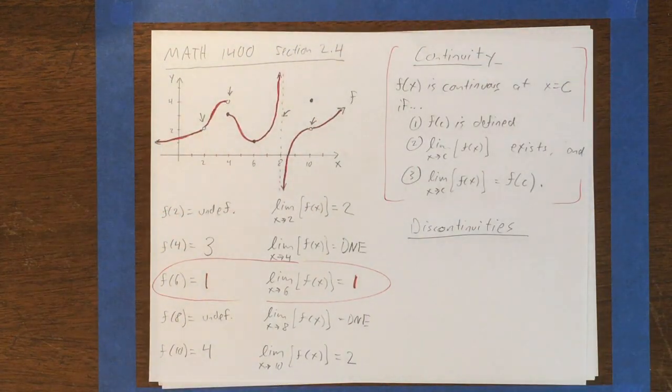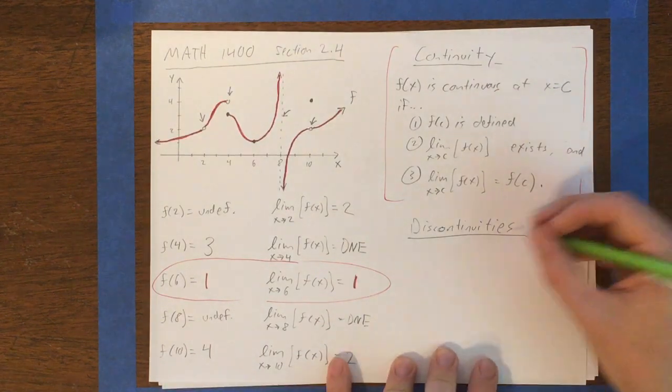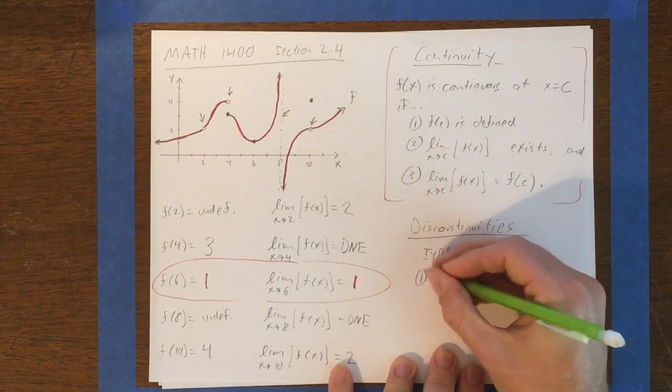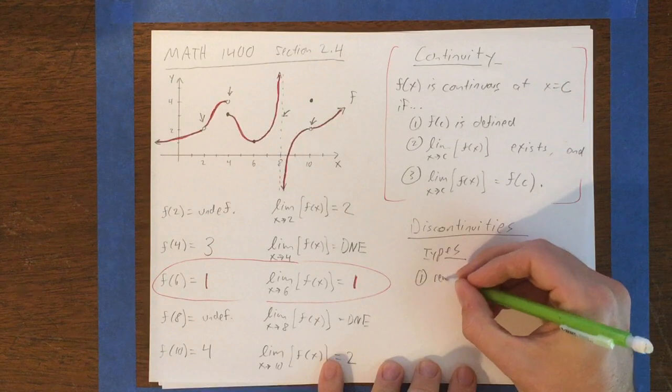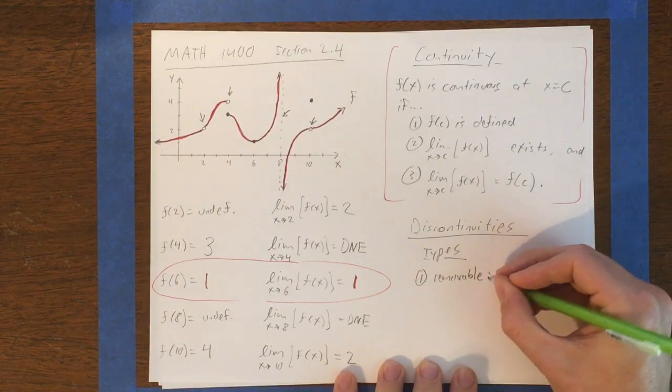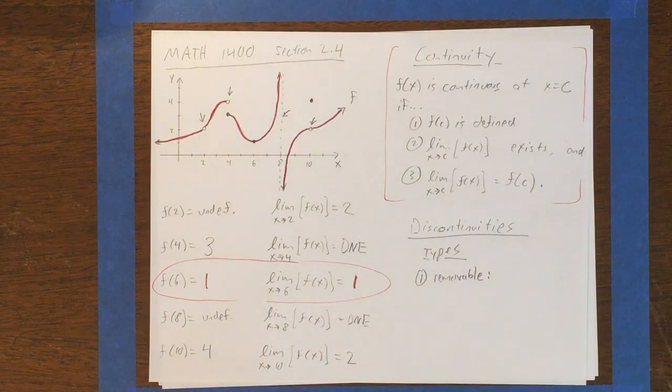These are 1, 2, 3, 4 different places where the function is discontinuous. And we have different types. One type of discontinuity is called removable. Removable means that you could just redefine the function at that x coordinate to make it continuous.